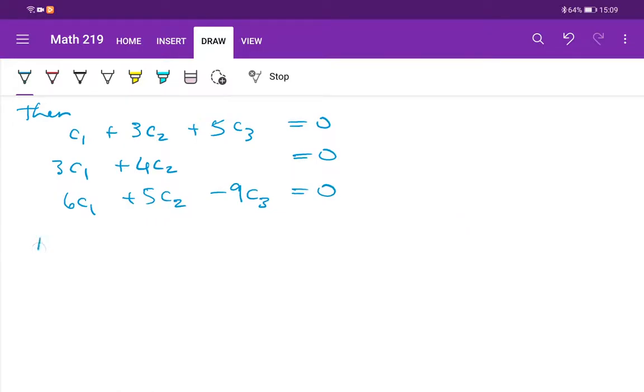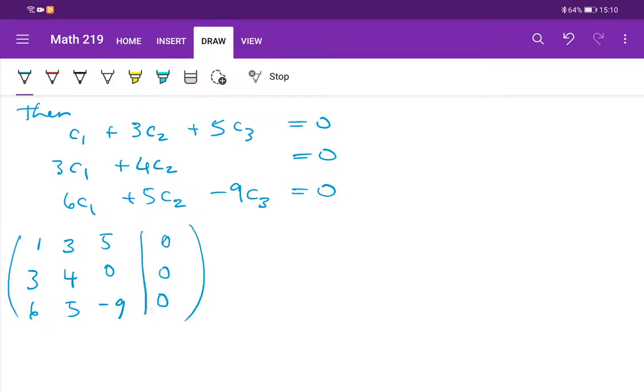So we write down the augmented matrix: 1, 3, 5, 3, 4, 0, 6, 5, minus 9. And we do row operations on this.